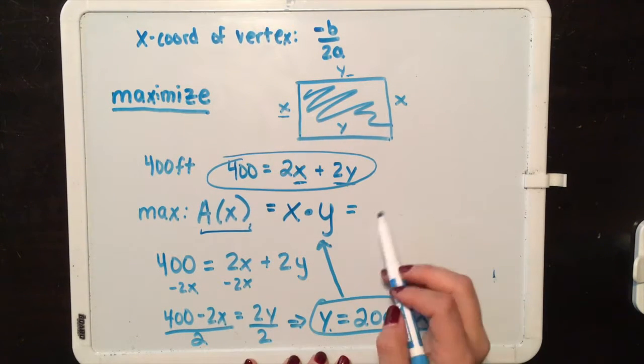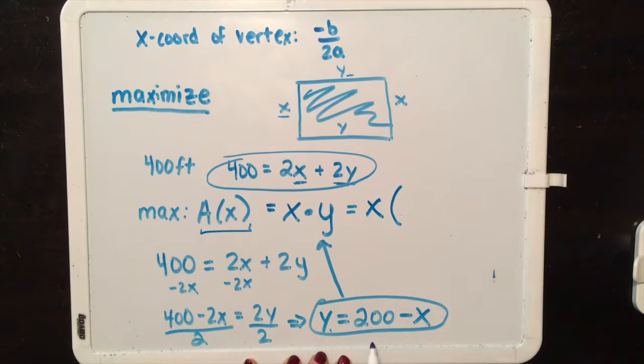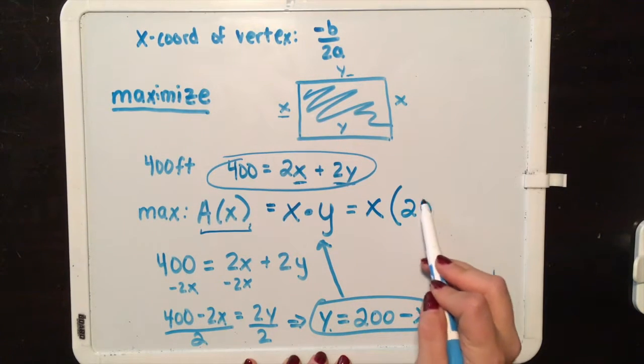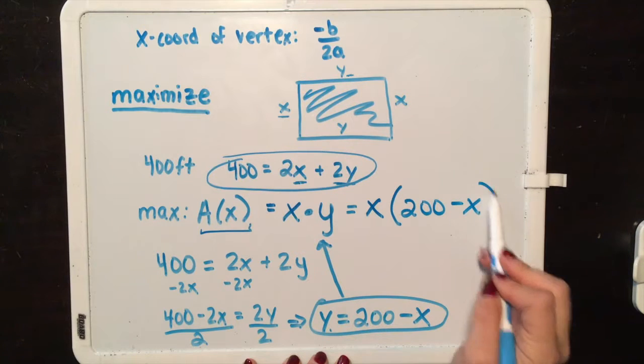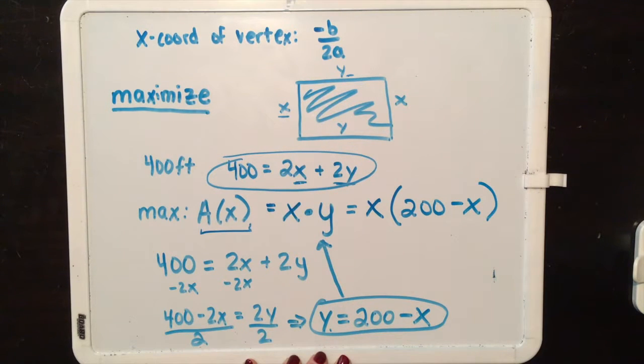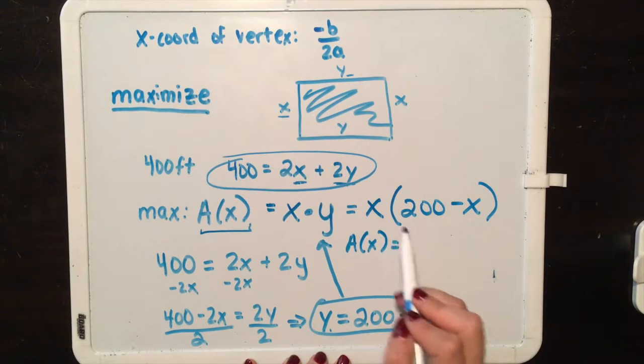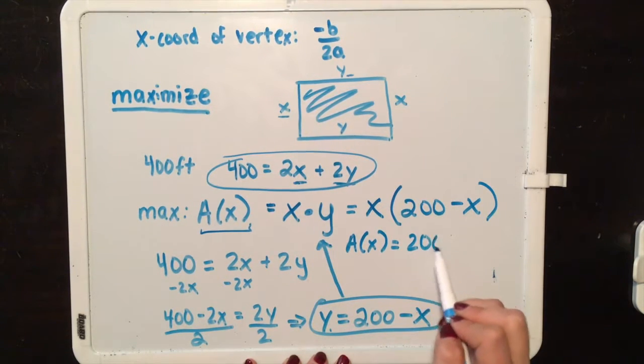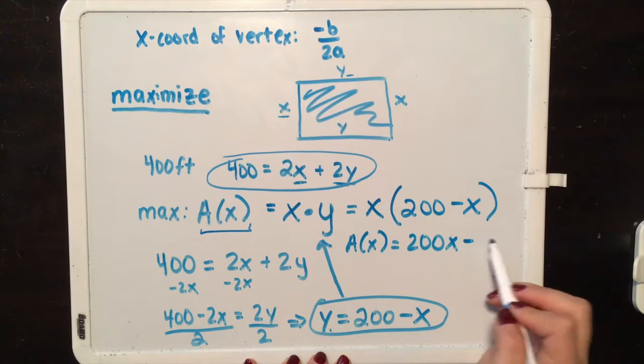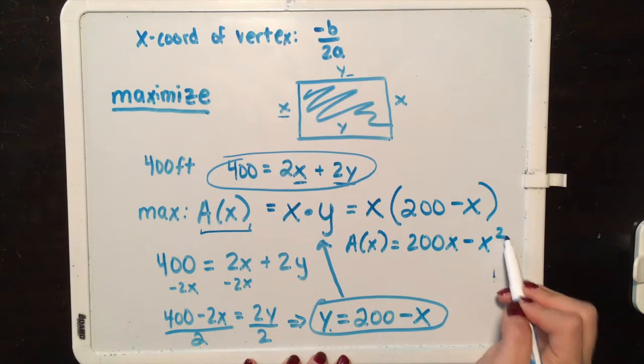So A of x equals x times 200 minus x. And if we distribute, area of x equals 200x minus x squared.